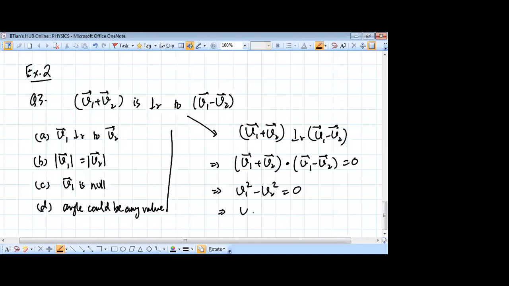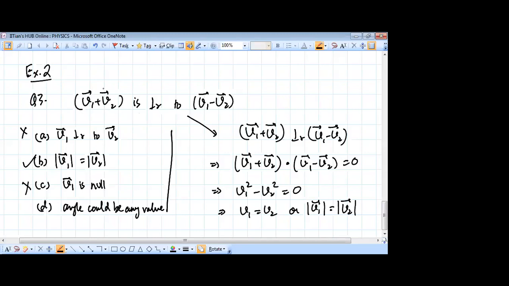So it means that V1 is equal to V2 in magnitude. So obviously this option is wrong, because there's no necessity for them to be perpendicular. And definitely we don't want V1 to become null.